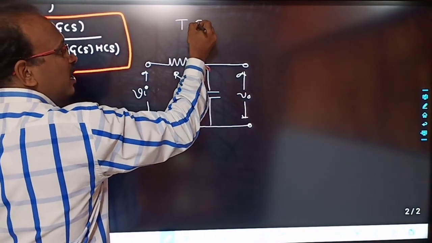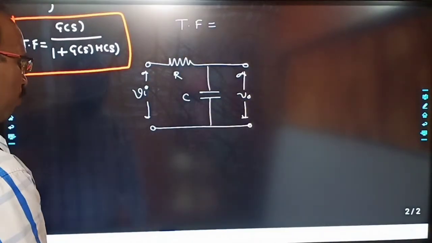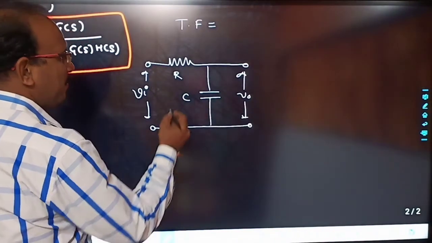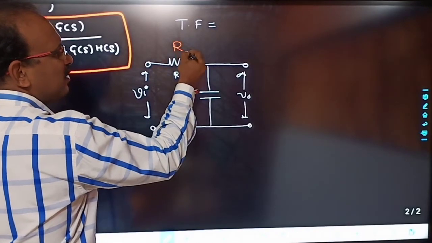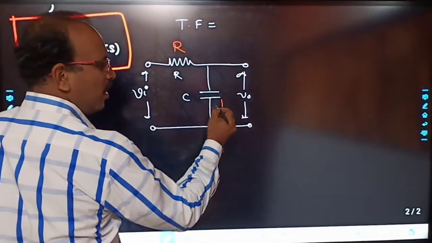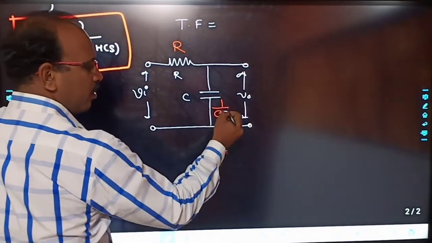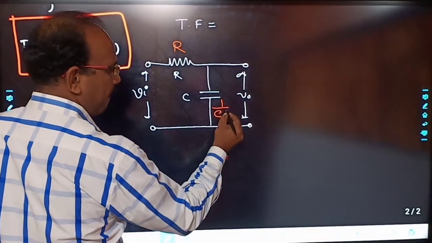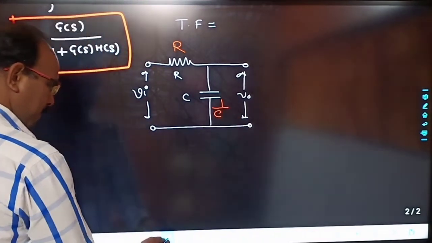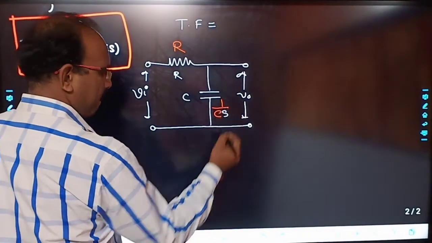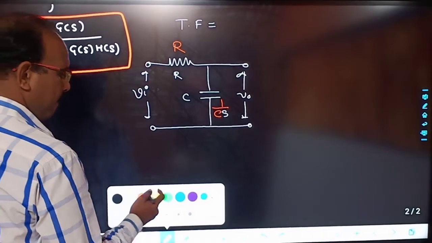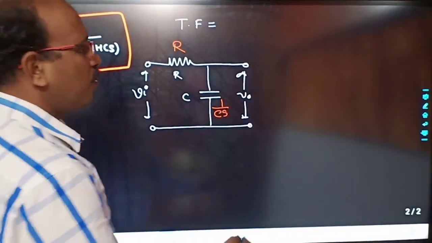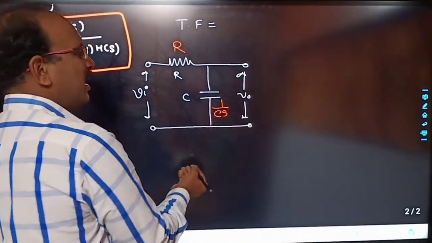The transfer function is always presented in Laplace, so we first have to present this in Laplace. The Laplace of this is R, and the Laplace of this is 1 by Cs. So you know what the transfer function is, and we can also calculate it.